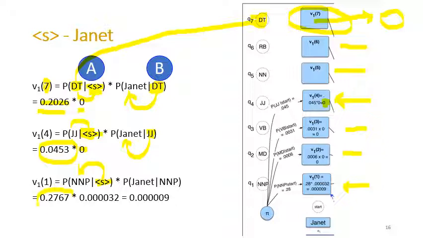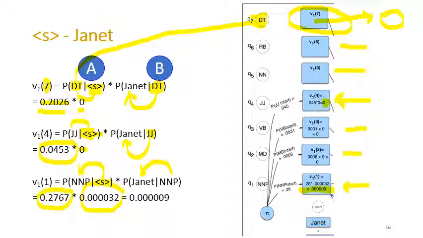You get this value from the table, matrix A, and then multiply it by the emission probability that the tag produces the word that we see, Janet. Now you can see the value is not 0 this time. It is 0.00009. Okay, so you have computed the values for V17 up to V11.